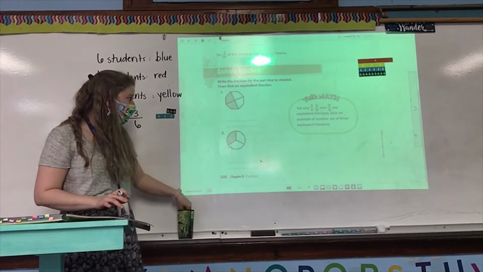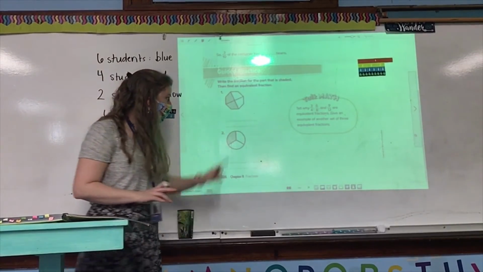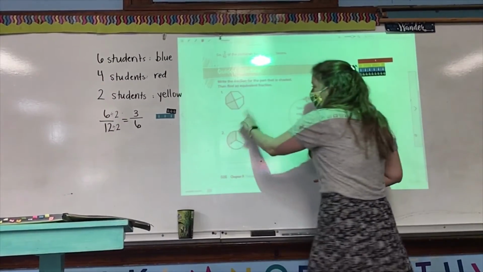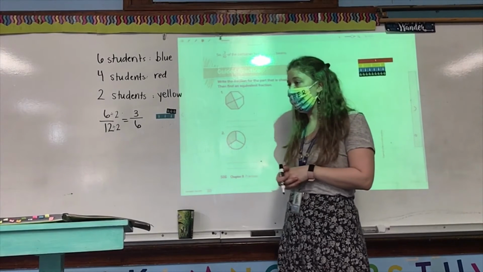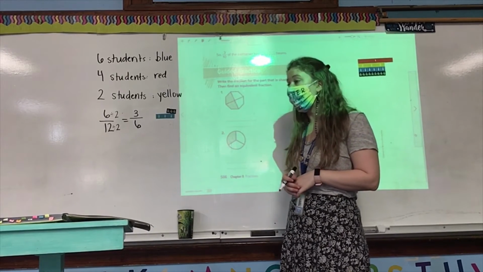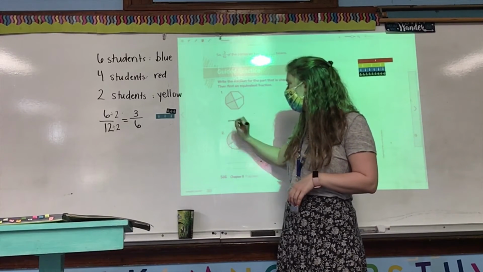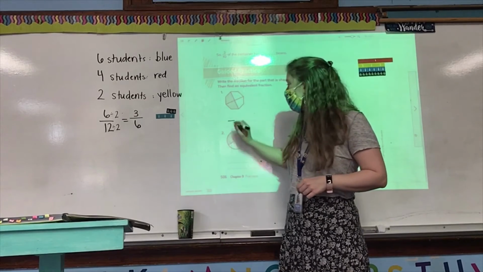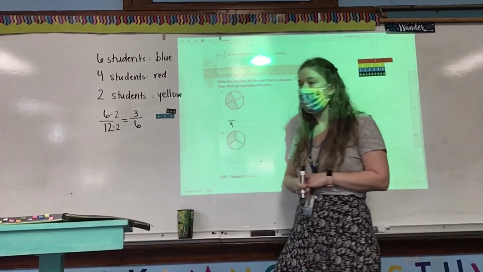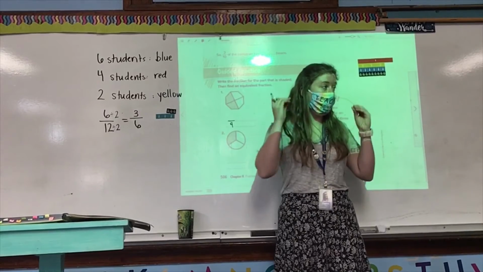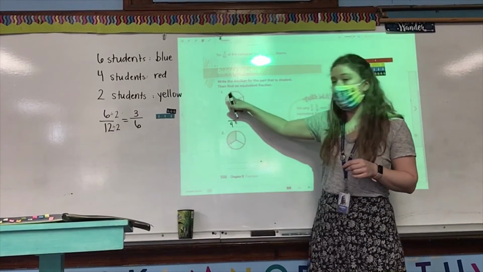So number 1, Kingston, we have this shape. It's broken into how many pieces? 4. Is 4 going to be our numerator or our denominator? Our denominator. The denominator tells how many pieces the whole is broken into.